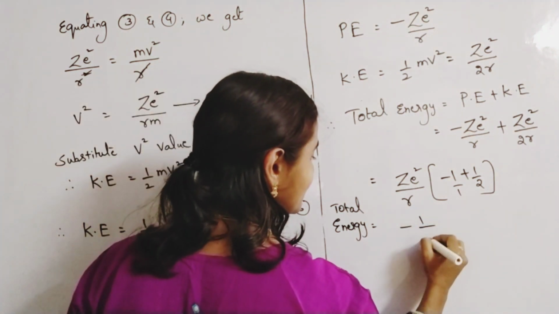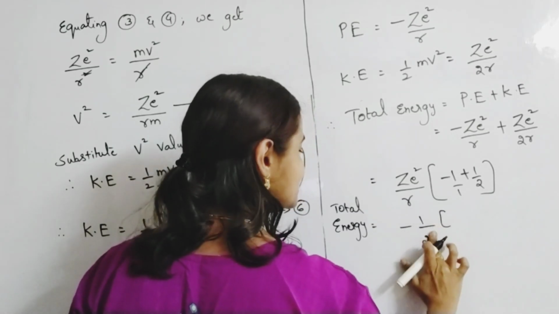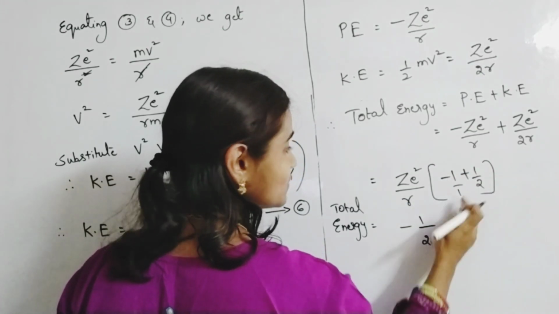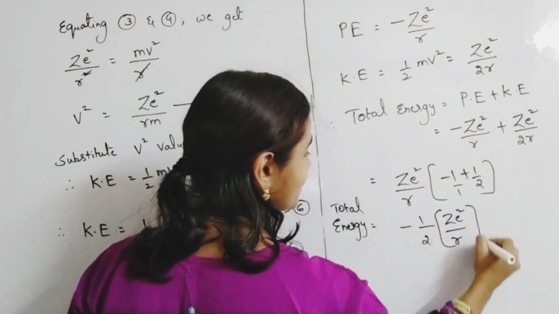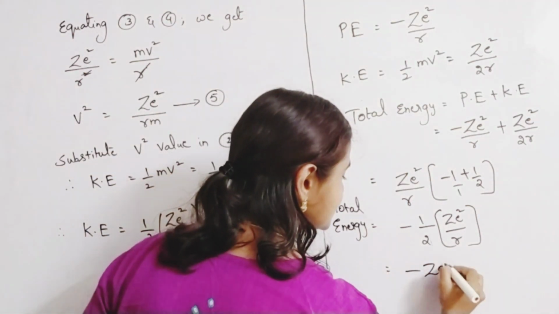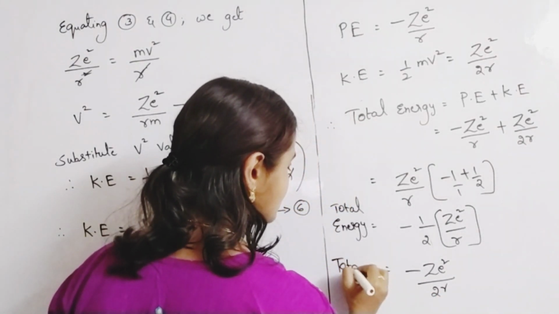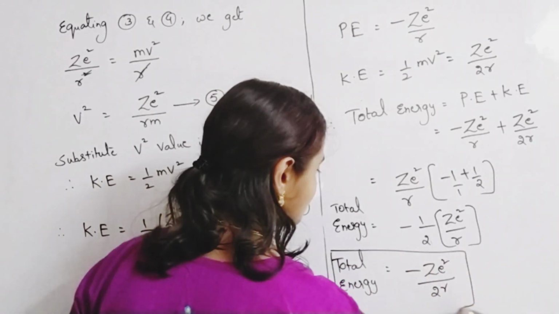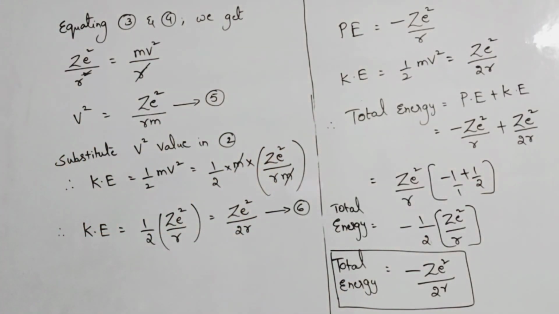Minus 1 by 2 into Ze square by r. So total energy of the electron is equal to what? Minus Ze square by 2r. Total energy is equal to minus Ze square by 2r. This is the equation which we got. Please copy down that equation fast.